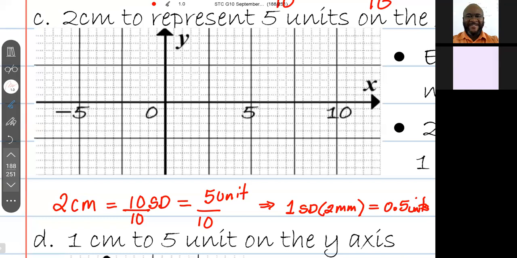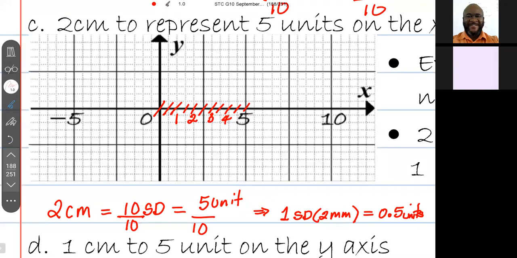What that means is that if this is 0, this is 0.5, then 1, 1.5, 2, 2.5, 3, 3.5, 4, 4.5, 5. Each of the smallest divisions in this instance is representing 0.5 of a unit. Let's have a look at another scale.